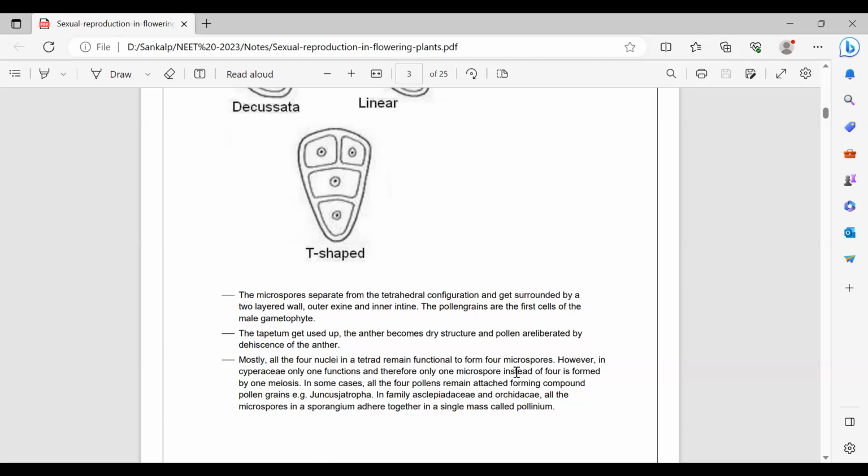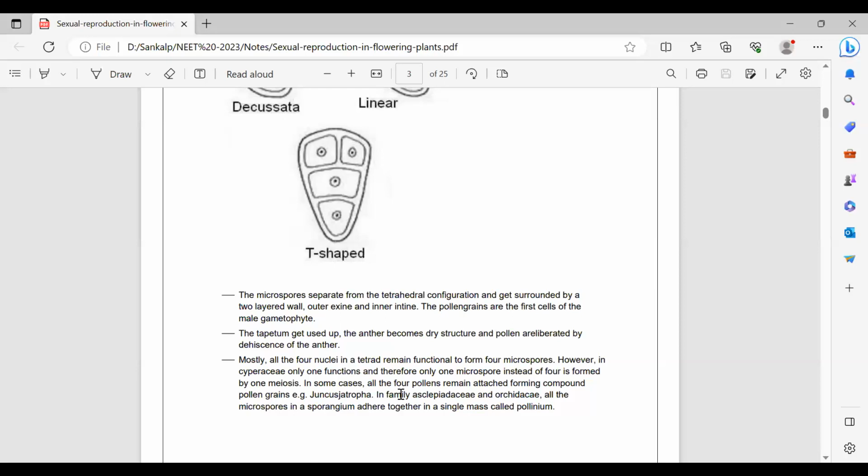However, in Cyperaceae only one functions and therefore only one microspore instead of four is formed by one meiosis. In some cases, all four pollen grains remain attached, forming compound pollen grains. Example: Calotropis in family Asclepiadaceae, and Orchidaceae.